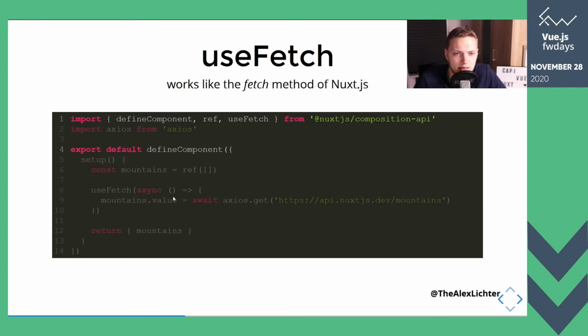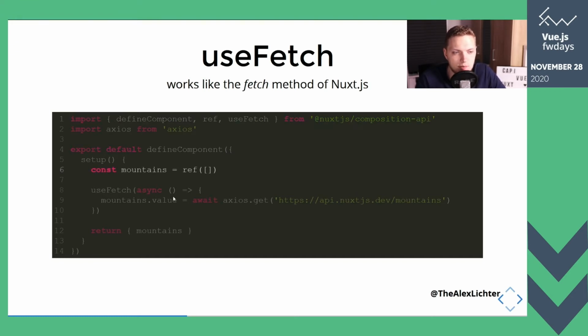Well, the reason is that the Nuxt.js composition API package re-exports all the exports from the composition API. So you don't have to fiddle around with two packages. You can just import all these goodies from one source and it's all good. Also to note, we've enhanced the define component method a little, but we'll come to that in a bit because it's mostly relevant for meta tags. Right, so we've imported all these things and also Axios again.